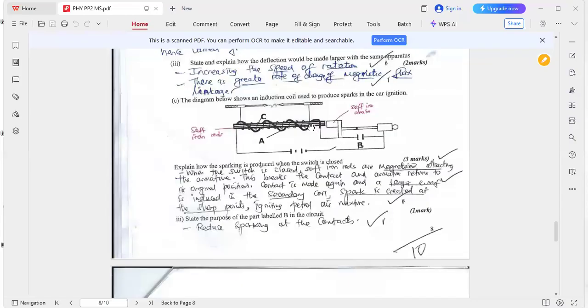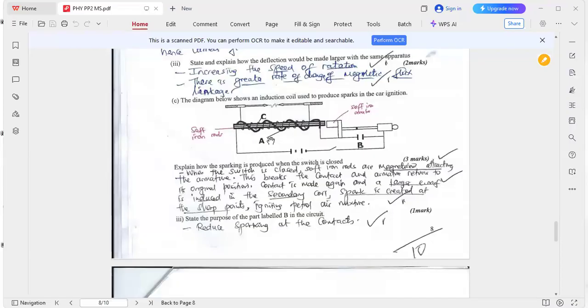When this becomes a magnet, it attracts the soft iron armature. That's the first mark. Second mark, the contact here, this is the contact, breaks. So when the contact breaks here, what will happen? Current stops flowing. So the contact breaks, stopping current from moving in the first circuit here.